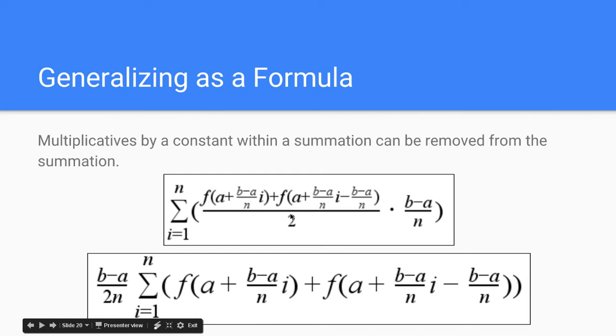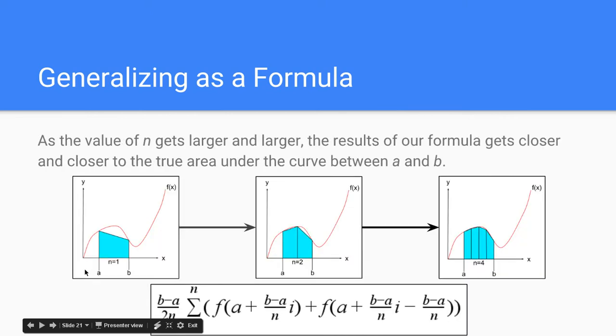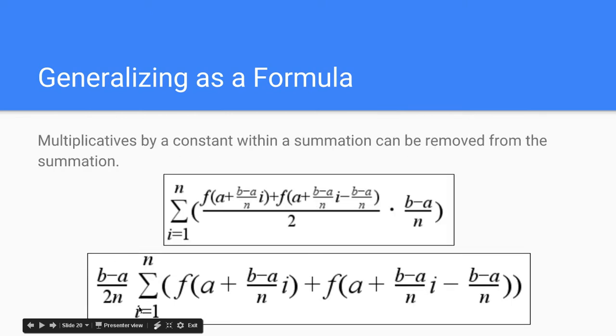So here I'm essentially multiplying by 1/2 and then multiplying it by (b minus a) over n. So I pull both of those constants out, and I put (b minus a) over 2n on the outside of the summation. And now the inside of the summation just has the two functions that you had to evaluate.